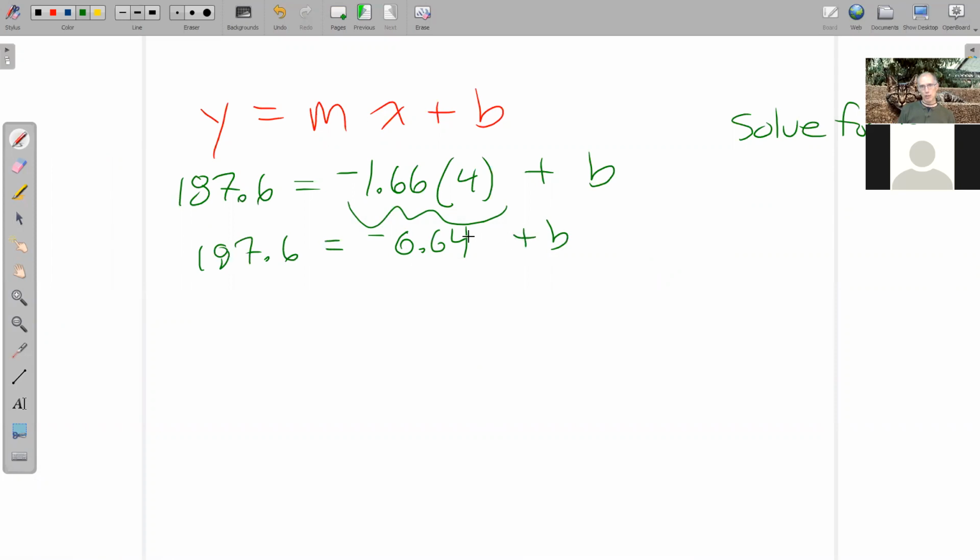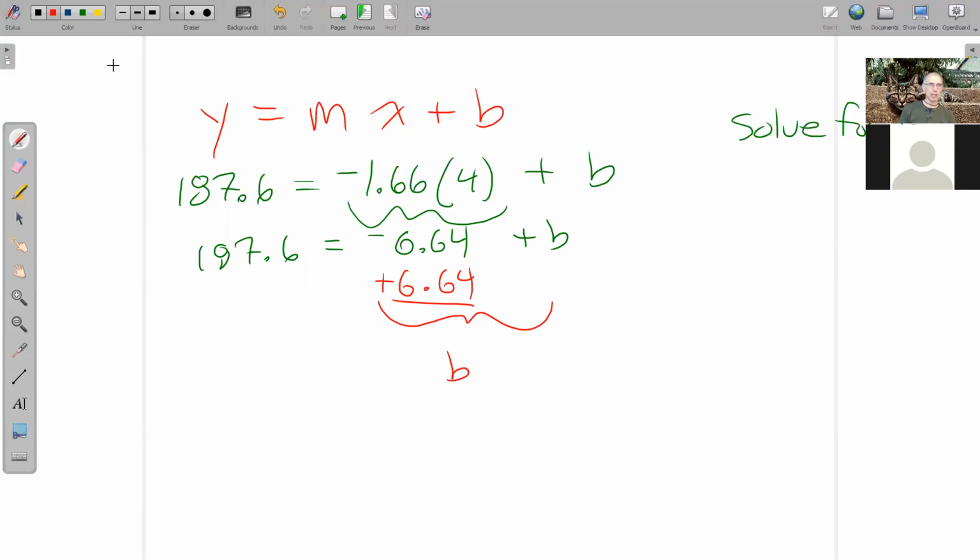And then to get rid of this negative number that's added here, I'm going to have to add it also to get rid of its negativeness, if that makes any sense. So -6.64 plus 6.64 is 0. 0 plus B is just B. So on this side, all that's going to be left is the B.